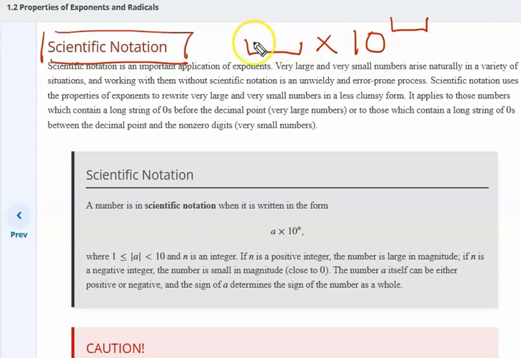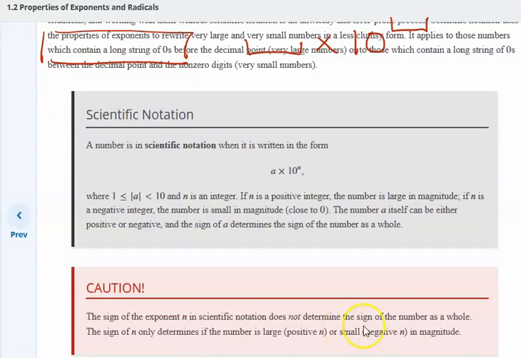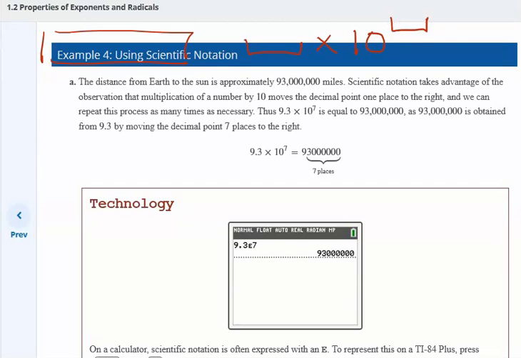So putting a number between 1 and 10 and then having it to some power. Now, if your powers are negative, these are going to be small numbers, decimals. If the exponents are positive, these are large numbers. And they're mentioning that below here. All right, let's go on.